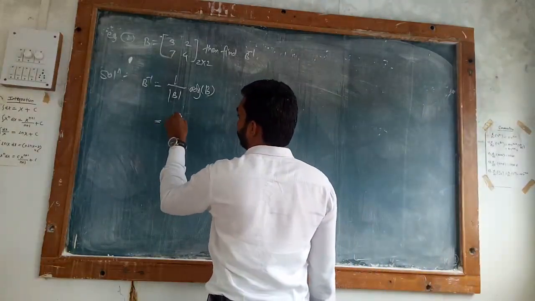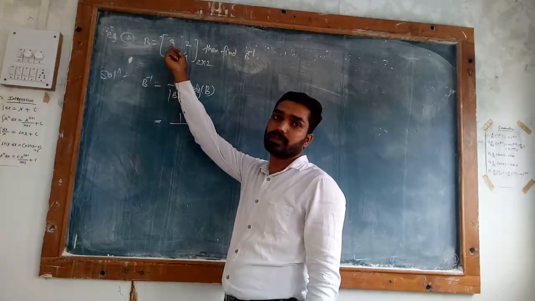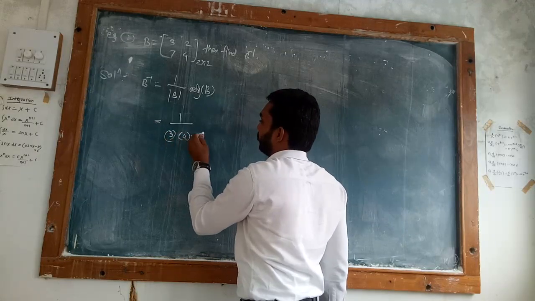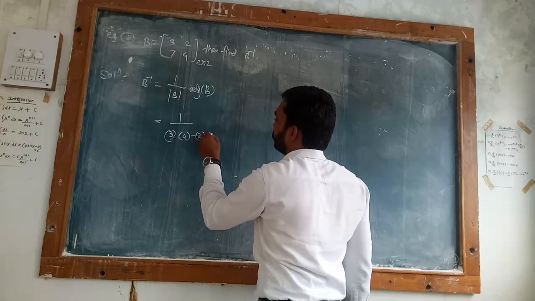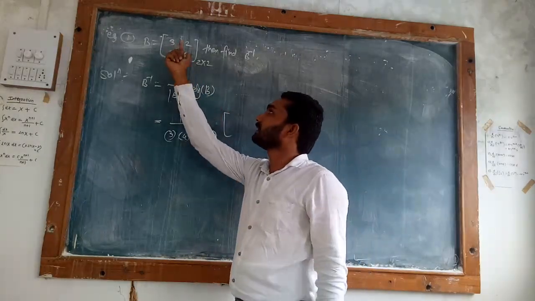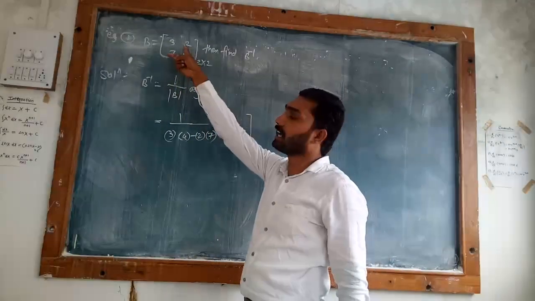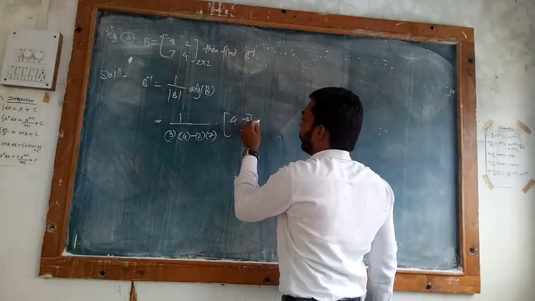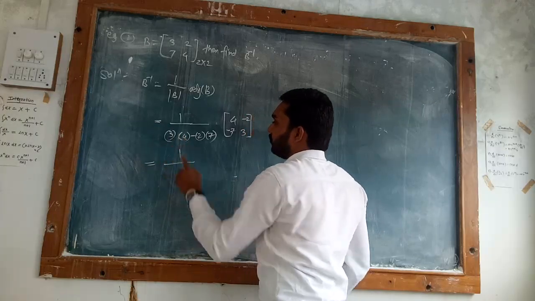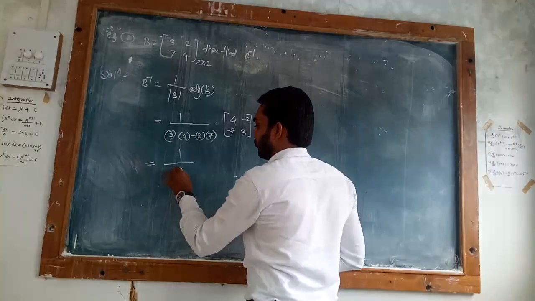So what is this value? 1 upon the determinant of matrix B. Determinant means take the cross multiplication with a minus sign in the middle, that is 3 into 4 minus 2 into 7, into the adjoint of B. Interchange the diagonal entries, that is 4, 3, and multiply the non-diagonal entries by minus 1, so they become minus 2 and minus 7. 3 into 4 is 12, 2 into 7 is 14, 12 minus 14 is minus 2.